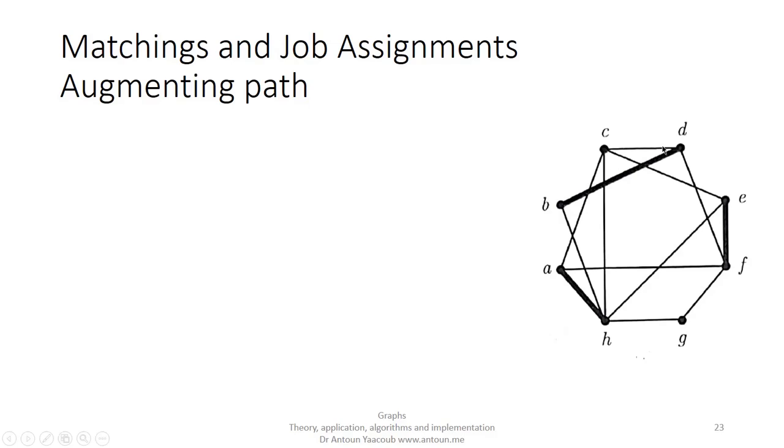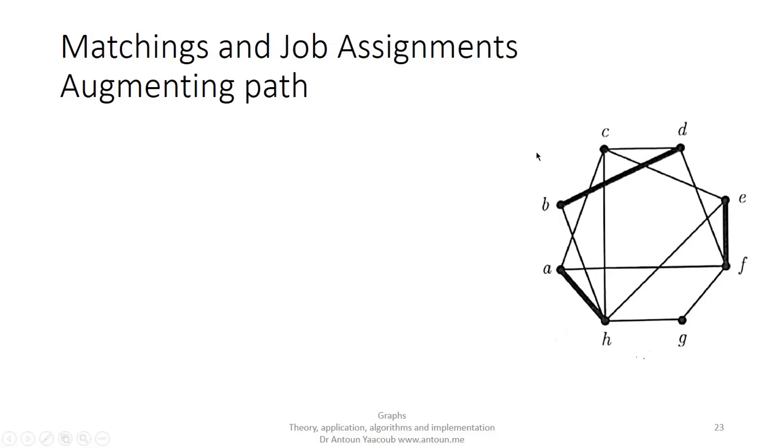For example, B, D, F is an alternating path because I have one matched and one unmatched edge. The most useful technique for finding a maximum matching, which we will see later in this lecture, is based on the concept of augmenting paths.